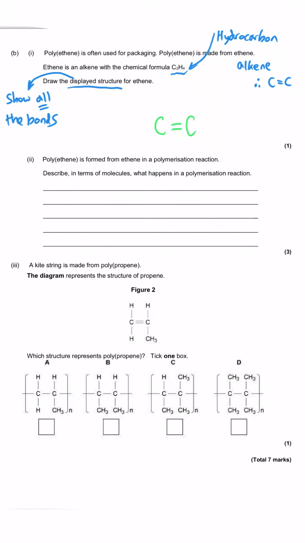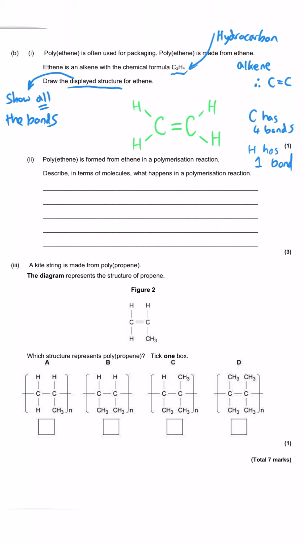And the displayed formula means show all of the bonds between all of the atoms. So this is what's called the molecular formula, C2H4, but for the displayed formula, you show all of the bonds. And so we've got 4 hydrogen atoms to put in, and so we need to put 2 onto each carbon atom, because the carbon atoms need 4 bonds each in total, and that's what we've achieved with this structure here.